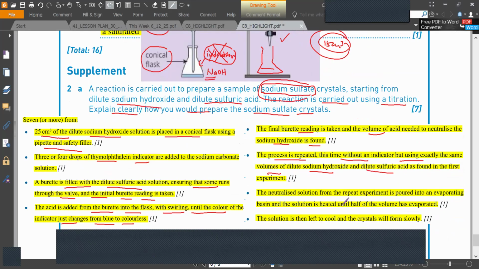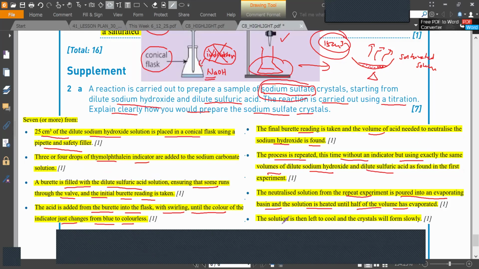The neutralized solution from the repeat experiment is poured into an evaporating basin and heated until half of the volume has evaporated. We transfer the product to the evaporating basin and heat it to remove excess water to get a saturated solution, and then it will start to crystallize.